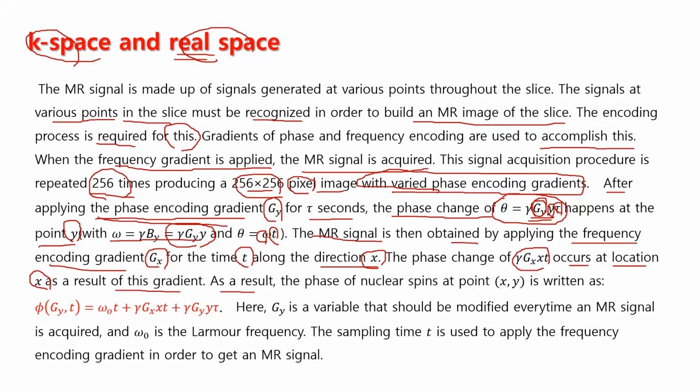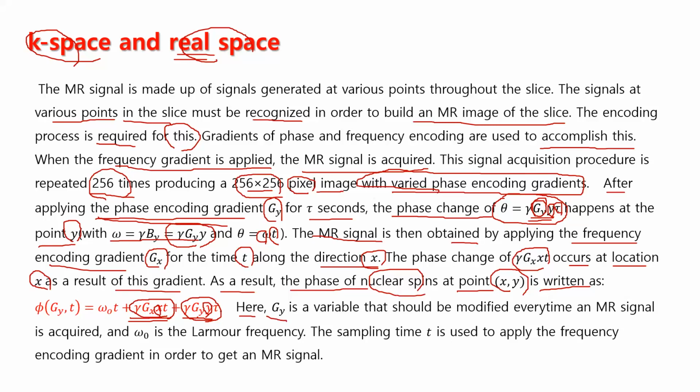As a result, the phase of nuclear spins at the point x, y is written as, right? So this is the phase change due to the frequency encoding gradient along the x direction. This is the phase change due to the phase encoding gradient along the y direction. Okay.